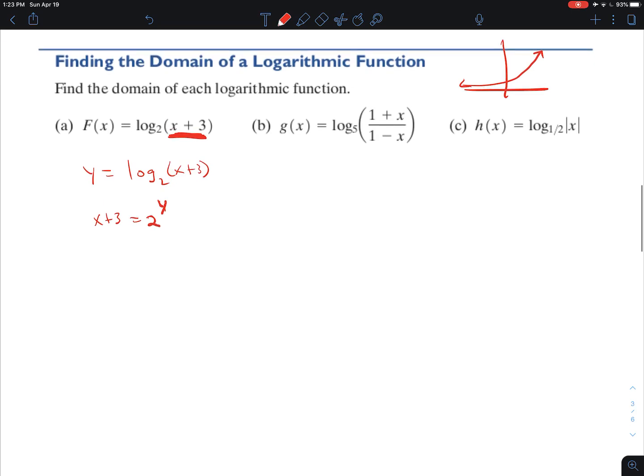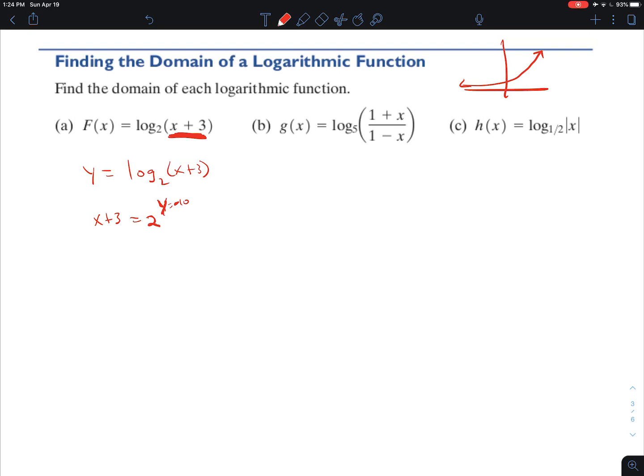But as I plug in larger and larger values, hopefully you see that that gets larger and larger. If I plug in smaller and smaller values of y, when I plug in y as 0, this just becomes 1, right? If that's 0, 2 to the 0 is 1. If I plug in, let's say, negative 10, that's equal to 1 over 2 to the 10th.